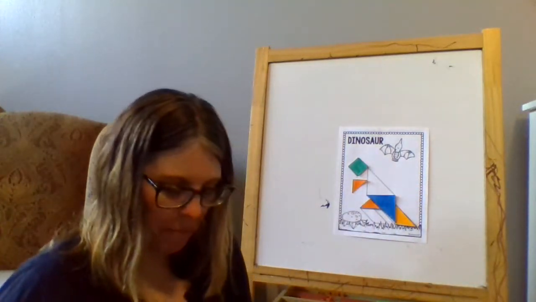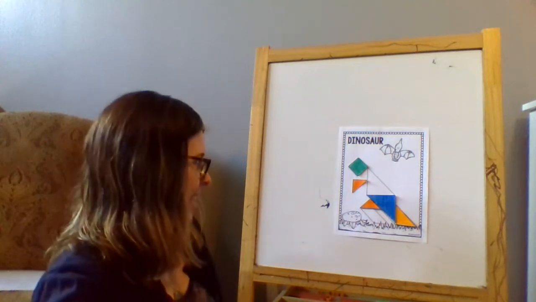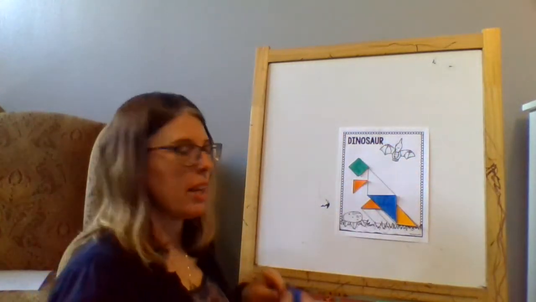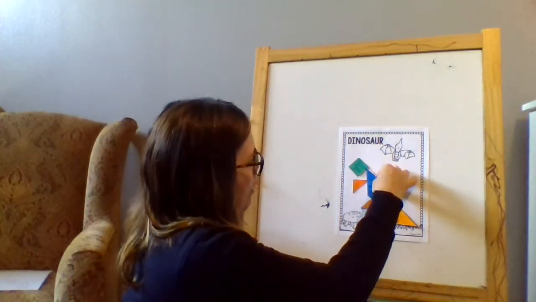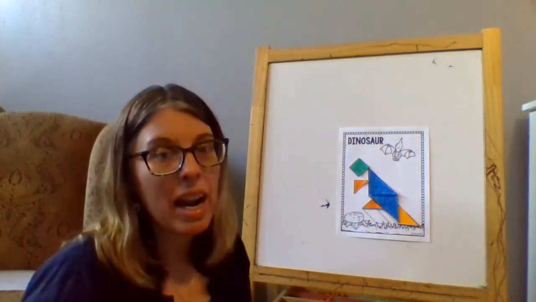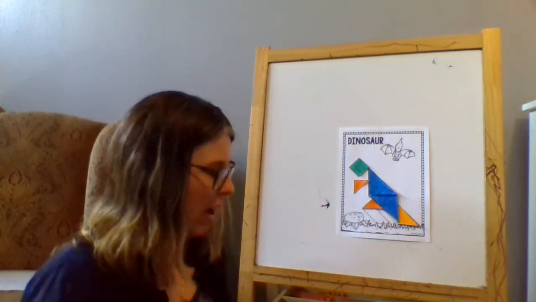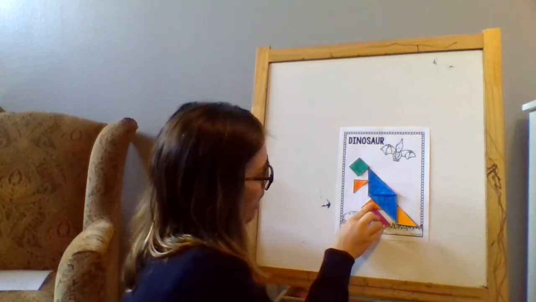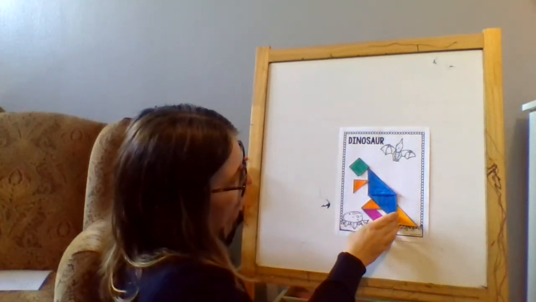Oh, I think I might have gotten it. Okay, and then if this goes here, sometimes it takes three or four times. And you know what? Last year in school, there were actually some that I couldn't figure out. So you might just have to keep playing and playing and playing. There, looks like we got that one together.